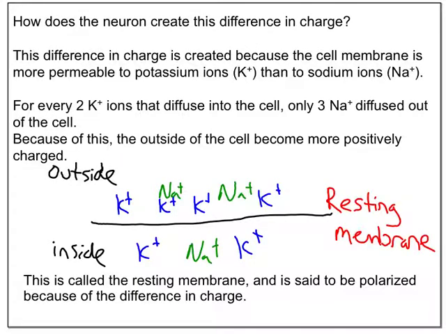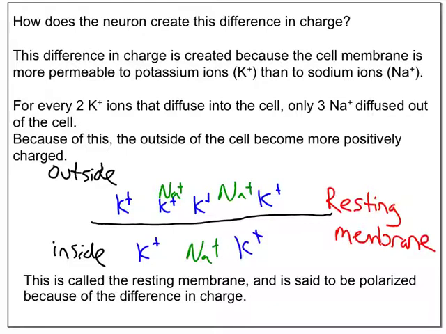So how does the neuron create this difference in charge? The difference in charge is created quite simply because the cell membrane becomes more permeable to potassium ions than to sodium ions. For every 2 potassium ions that diffuse into the cell, 3 sodium ions diffuse out of the cell. Because of this, the outside of the cell becomes more positively charged.